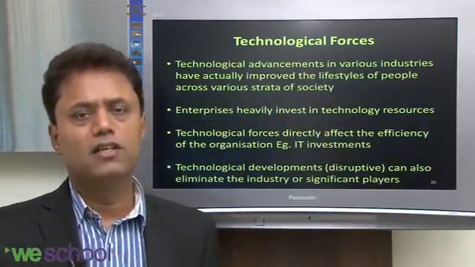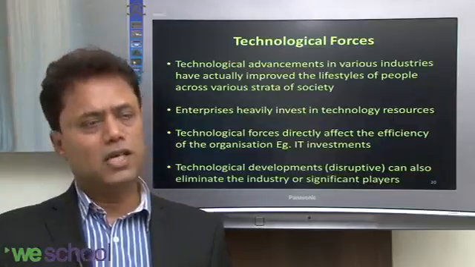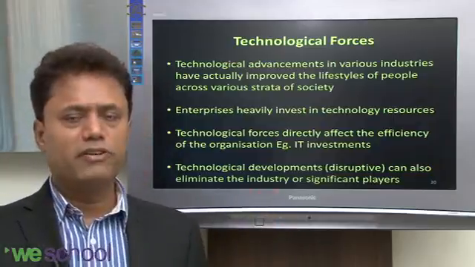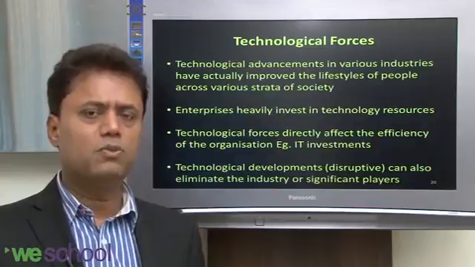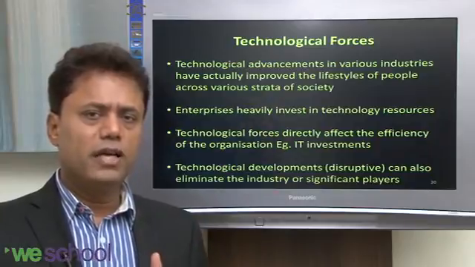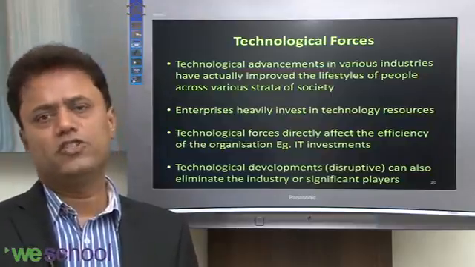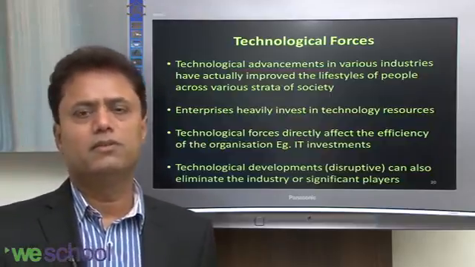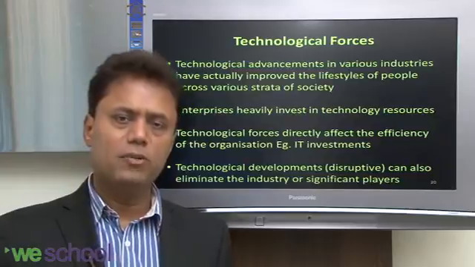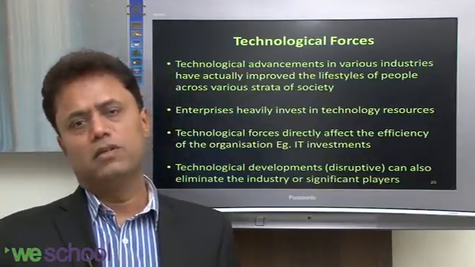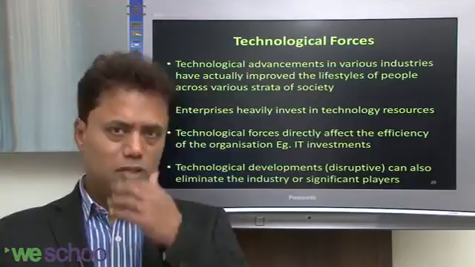Technological forces. Now the last but one is technological, and the next one is demographic forces. Technological forces: every company is using technology today, irrespective of the industry, whether it is the banking industry, automobile industry, telecom industry, IT industry, or manufacturing industry.